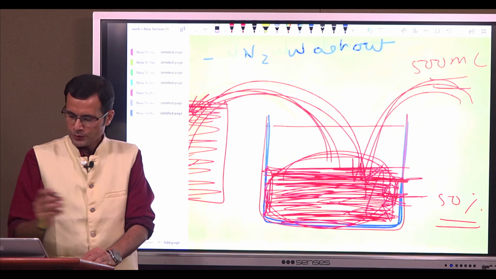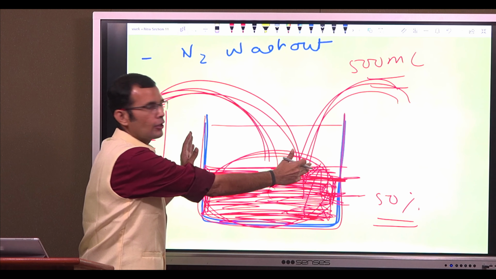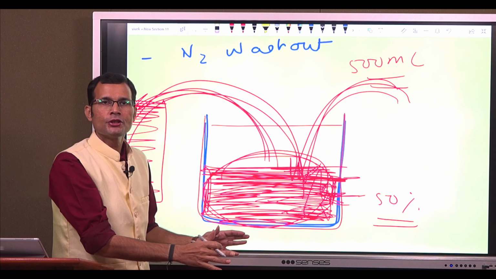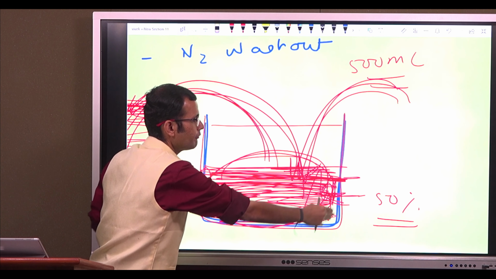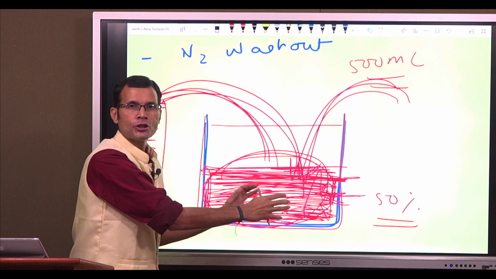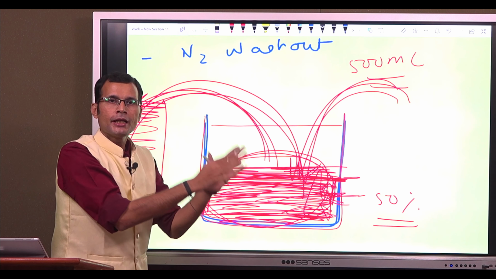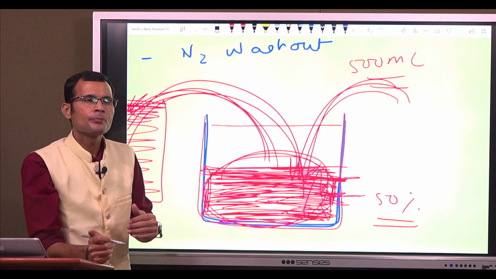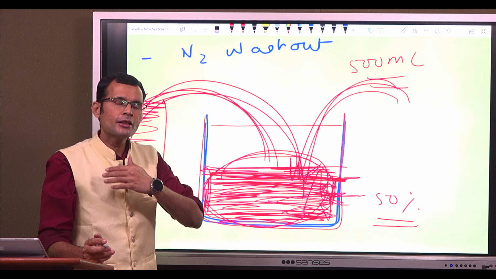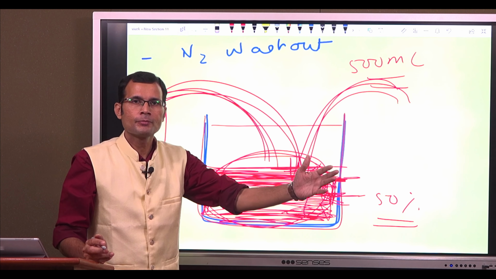This is the moment of the starting of the procedure, and suppose this is the volume in which that nitrogen is present. If it is the residual volume, it means the subject has done a maximum forceful expiration.